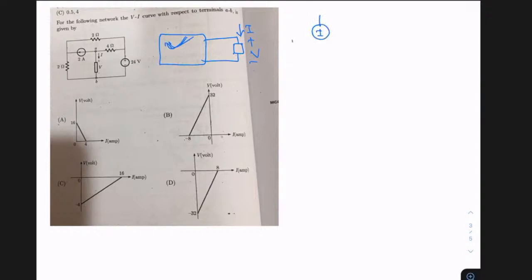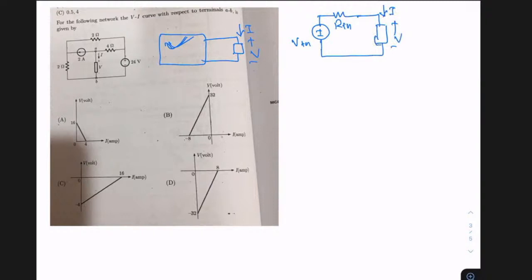So this is your VTH and then you have your RTH, and then you have this load. This load voltage is V and the corresponding load current is I.